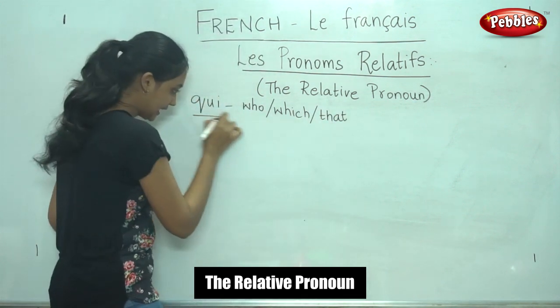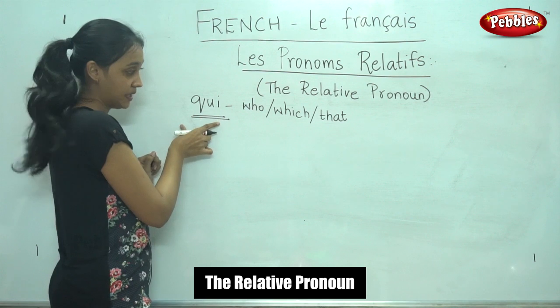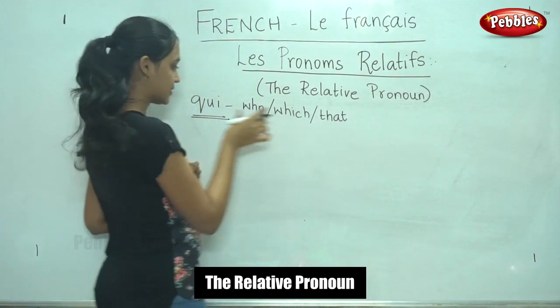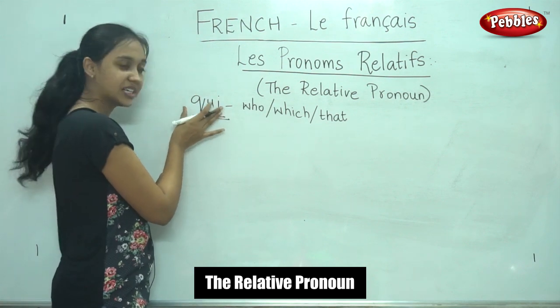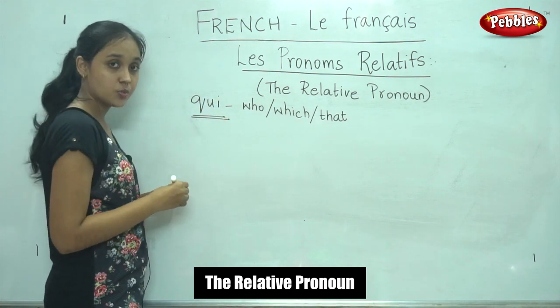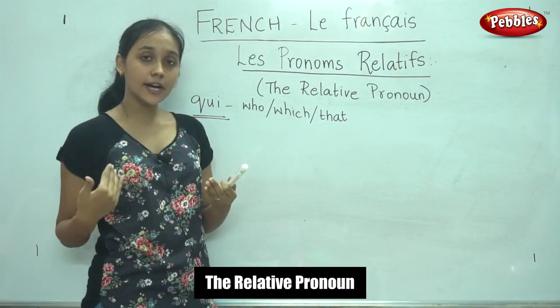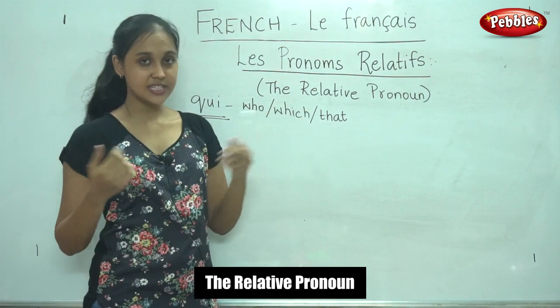It means who or which or that. And for what do we use the word qui? It is used when we want to join two sentences and avoid using the same subject again.